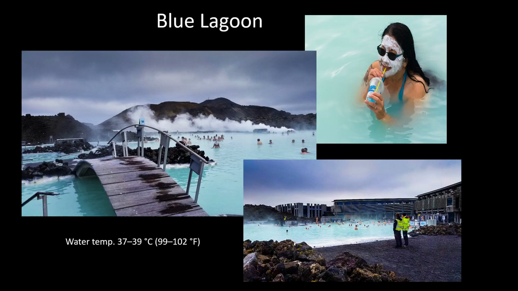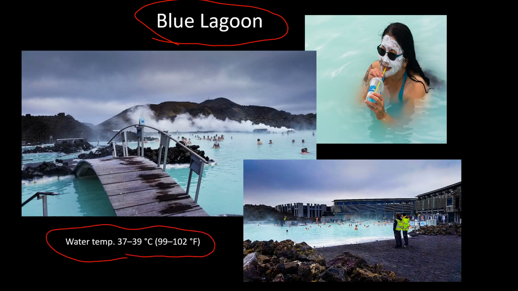So here we are at the Blue Lagoon. This is one of the most famous places in Iceland. And again, the water is hot there. You can see it's quite comfortable. But the water is, maybe we should say warm rather than hot, precisely because the Blue Lagoon sits almost directly atop the divergent plate boundary that slices through Iceland.